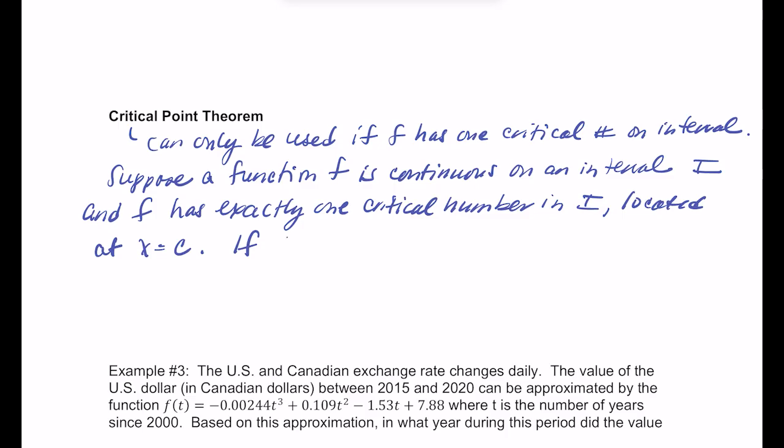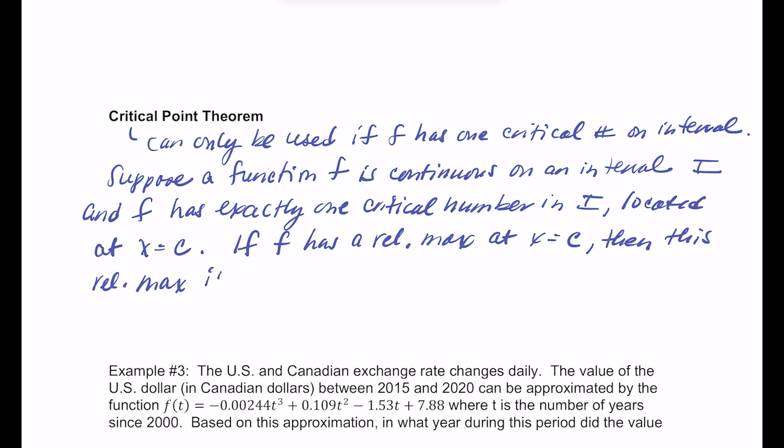If f has a relative max, remember we talked about relative maxes in some prior videos, which we found through the first derivative test, and you can also find through the second derivative test. If f has a relative max at x equals c, then this relative max is the absolute maximum, so the highest y value of f on the interval I.